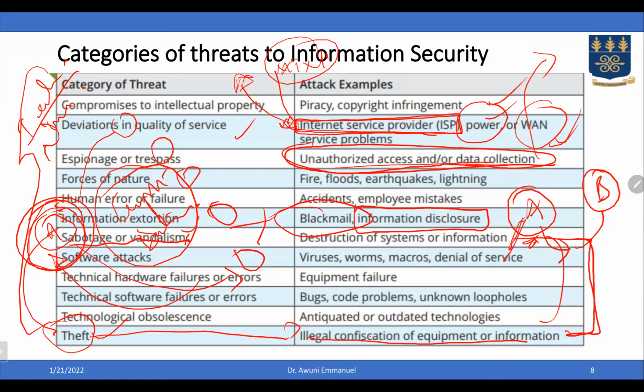Even with the technical hardware failures and errors, we can place them here too, because nowadays even for hardware to work you need to write some scripts. So yes, DOS, we can place it under theft. And then, let me see, software attacks. Yes, software attacks, very good.